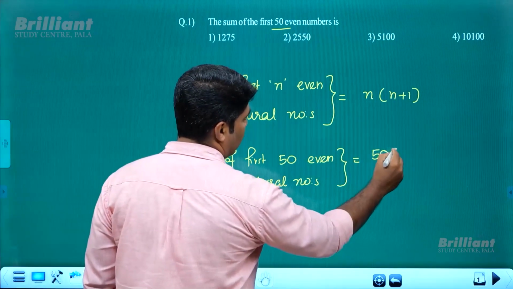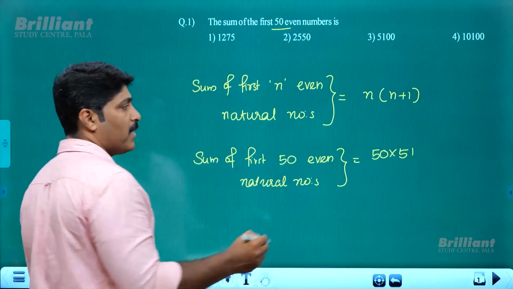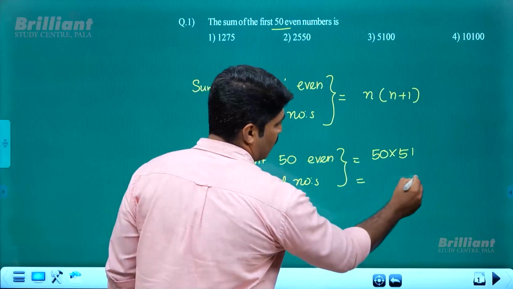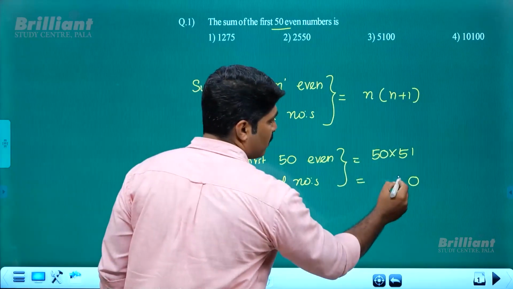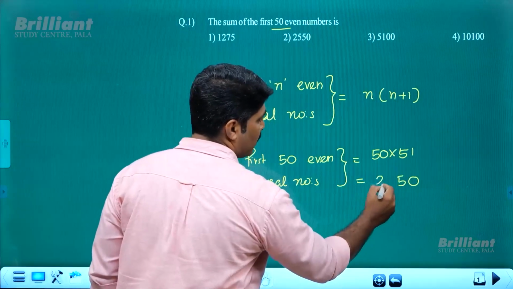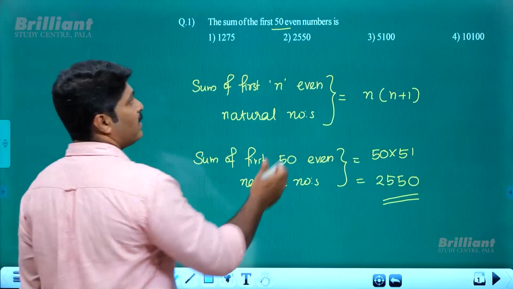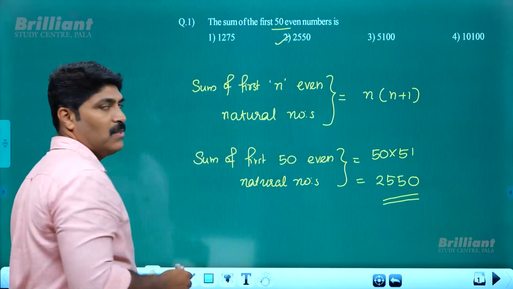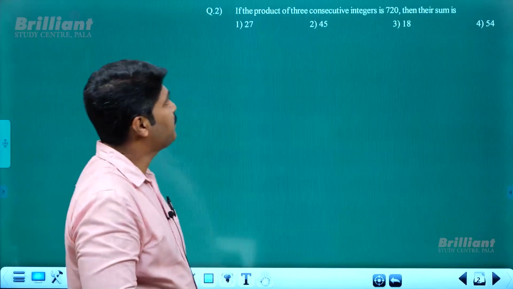This is n into n plus 1, 50 into 51. Just multiply it together. First we put a 0, then 5 into 1 is 5, 5 into 5 is 25. So we have the answer, 2550. So easily we got the answer.